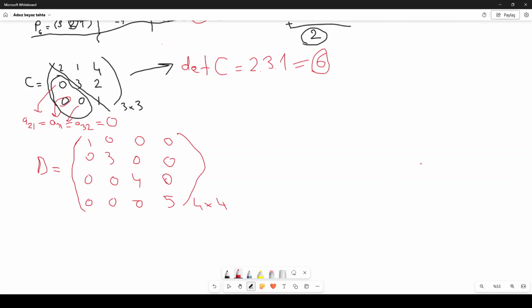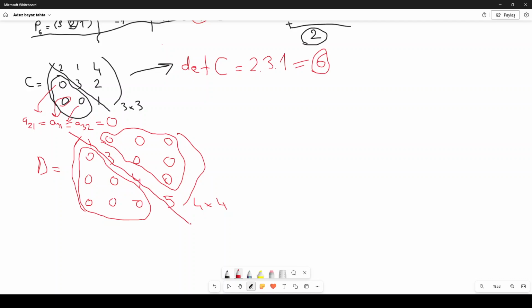But what makes it simpler is we know a property that is caused by the definition of the determinant. If you notice, all the elements below the main diagonal are equal to 0, and at the same time all the elements above the main diagonal are also equal to 0, and the only non-zero elements are the diagonal elements.